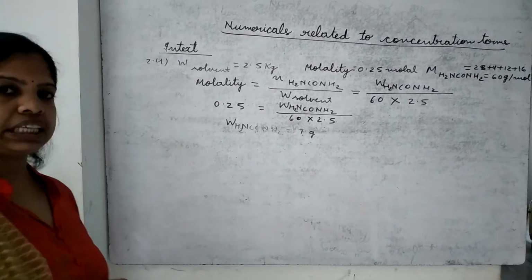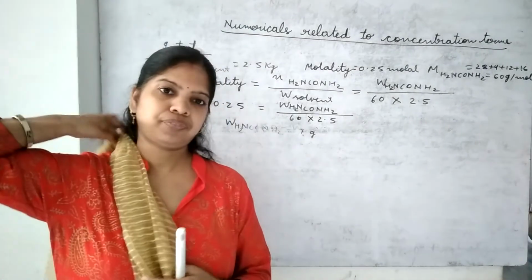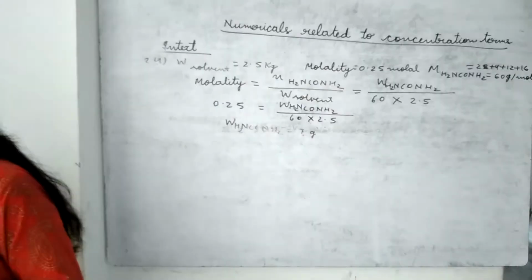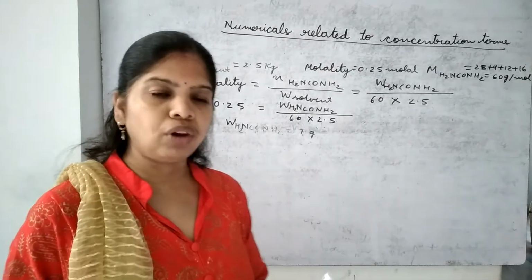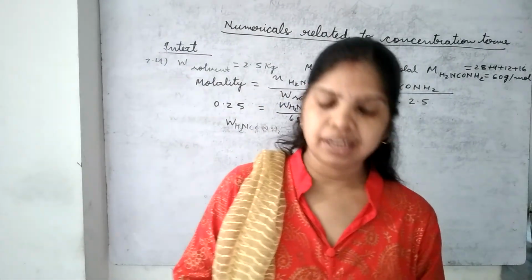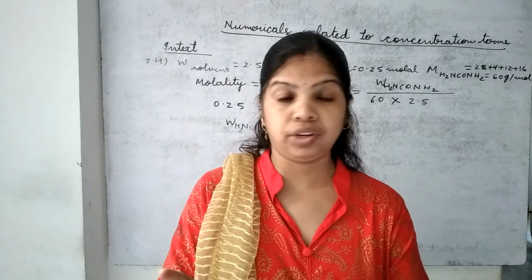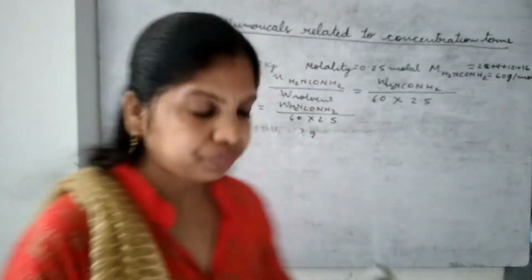Now next is in-text question 2.5. In-text 2.5 is asking what? Calculate molality, molarity and mole fraction, all three concentration terms.